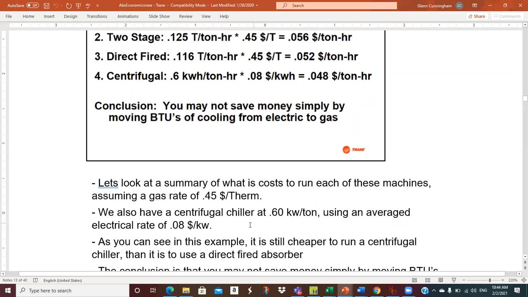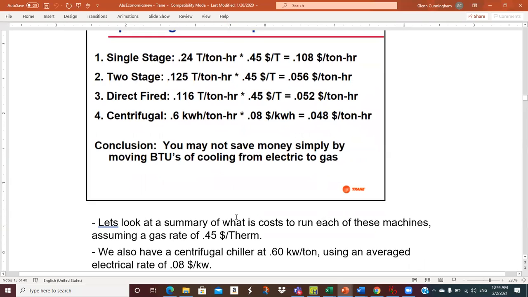Average electrical rate of 8 cents. Yeah, we had that up here. Okay, let's see what the cost per million BTUs is for 8-cent electricity. You get out your calculator and put in a million, and divide it by 3413, because that's the conversion between BTUs and kilowatt hours.